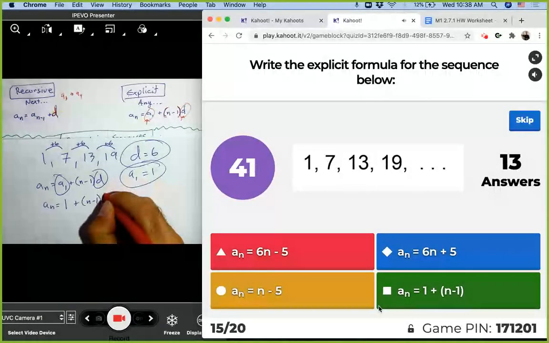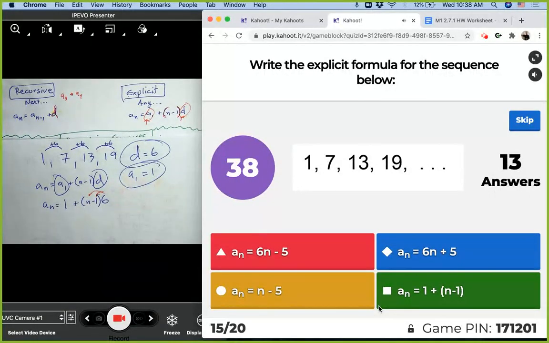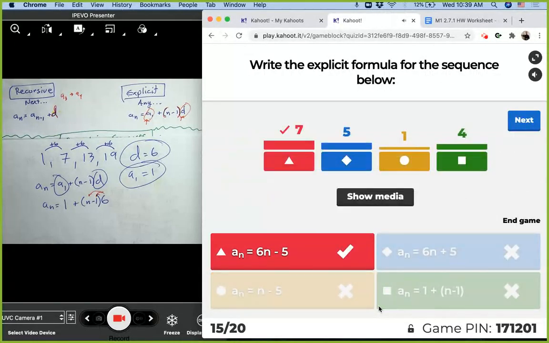Okay, do this, simplify, and you're done. All right.